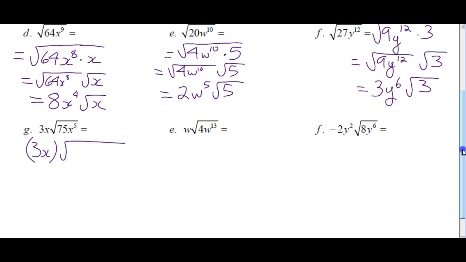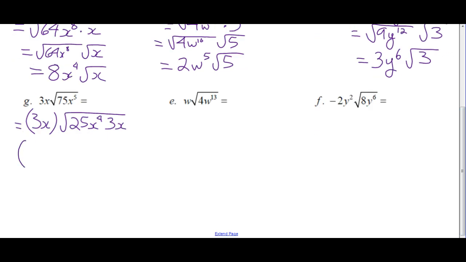What's the largest perfect square that goes into x to the 5th? X to the 4th, right? We got to go down 1. We got to go to an even number. We can't go up 1. Okay, 25 times what gives me 75? 3. So we got a 3, and how do I get x to the 5th? 3 and then an x, right? Okay. So what's the next step?